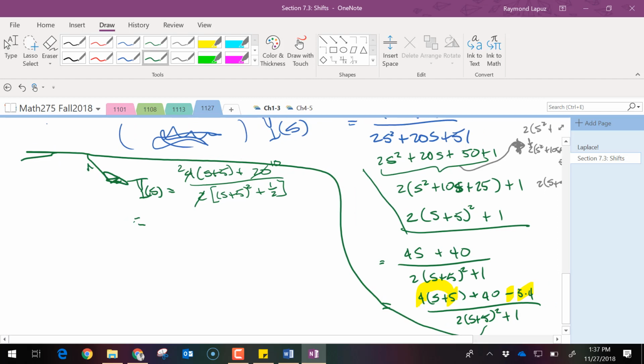So now I have 2 times s plus 5 divided by s plus 5 squared plus 1/2. And if you really want to split the 1/2 up, it's actually parentheses 1 over the square root of 2 to the second power. That's going to be your k.